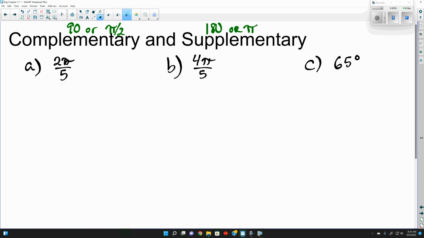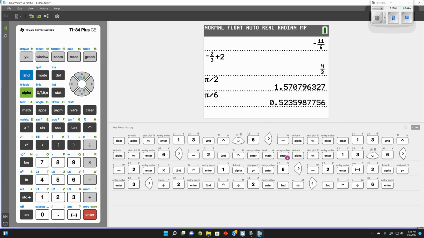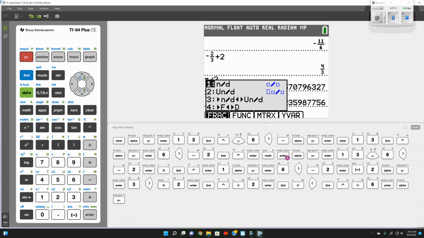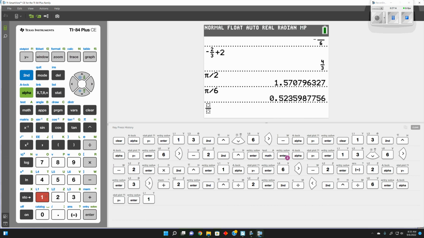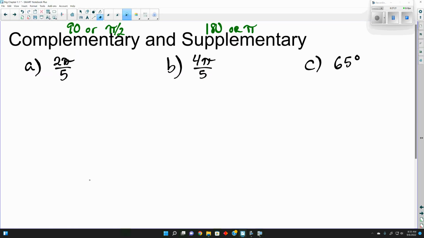So if we want to find the complementary and supplementary angles for 2 pi over 5, well, the first thing we can do is subtract 2 pi over 5 from pi over 2, or 1/2. So for this here, if we want to find the complement, we can say 1/2 minus, and our other angle is 2 pi over 5, or 2/5.